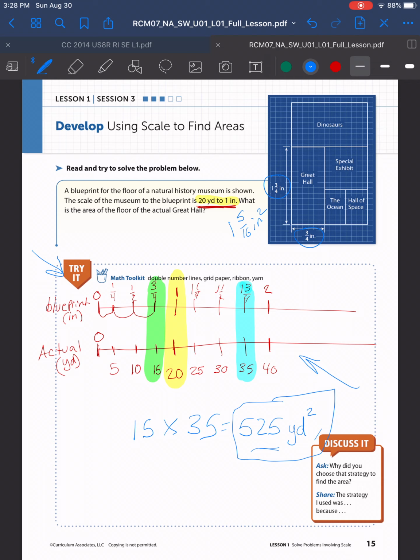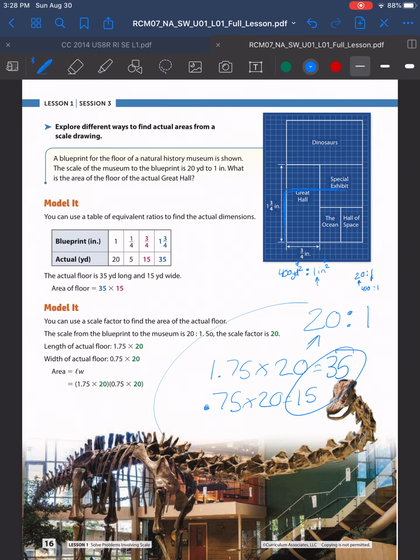Well, since you multiply each blueprint dimension by 20 to find the actual dimension, you have to multiply the blueprint area by the scale factor twice to find the actual area. So since we multiplied this by 20 and this by 20, and then multiplied those to get the area, like we did right here in the math section, we took this and we multiplied it by 20 and got 35.